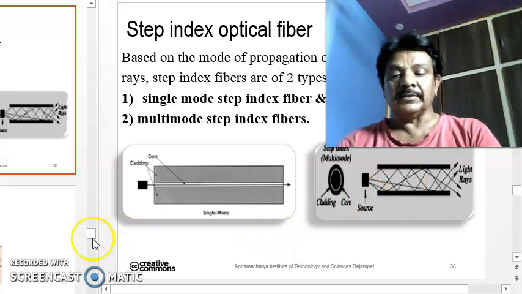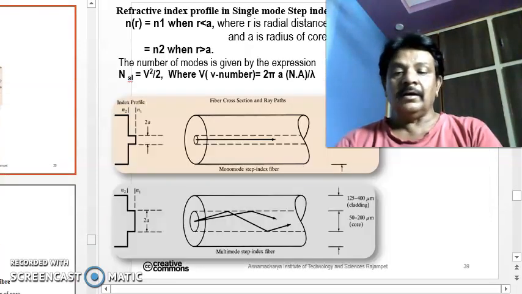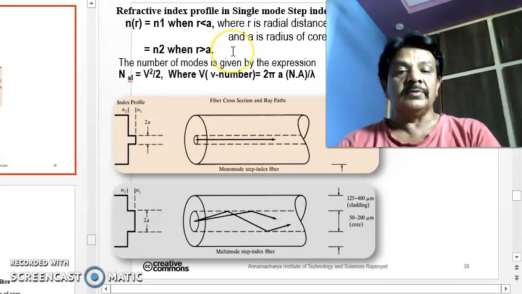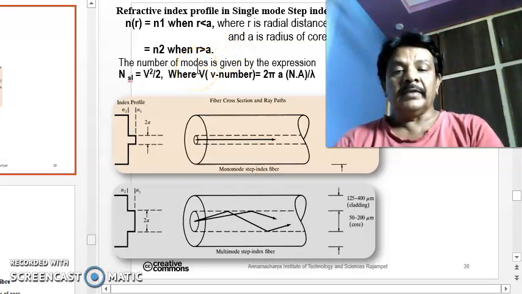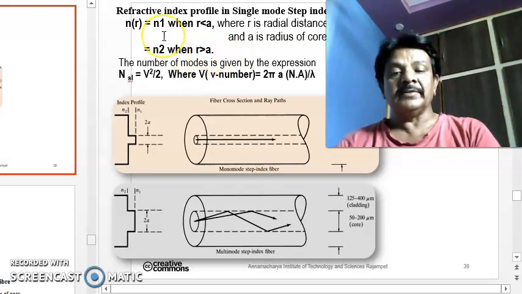This is the refractive index profile of a single mode step index optical fiber. For the step refractive index of a step index optical fiber, n of r is equal to n1 when r is less than a, where a is the radius of the core. This is the radius of the core, a small value.